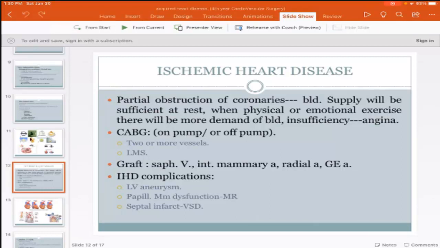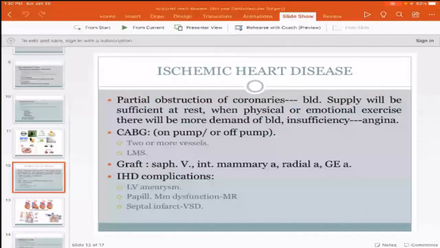The type of graft we use is the inverted saphenous vein, or maybe we use the internal mammary artery, LIMA, left internal mammary artery, or maybe you can use the right internal mammary artery, RIMA.